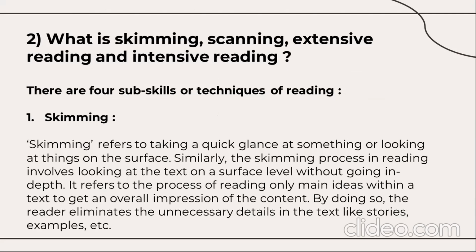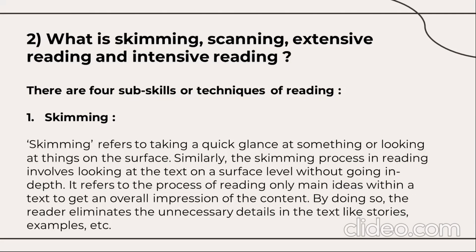Similarly, the skimming process in reading involves looking at the text on a surface level without going in depth. It refers to the process of reading only the main ideas within a text to get an overall impression of the content. By doing so, the reader eliminates the unnecessary details in the text like stories and examples. In simple words, skimming means just reading the highlights, not the main content.